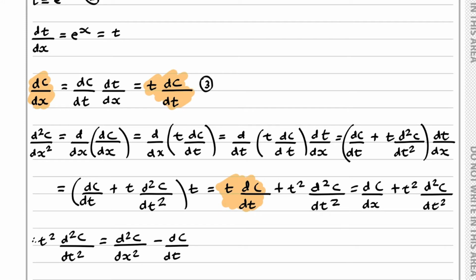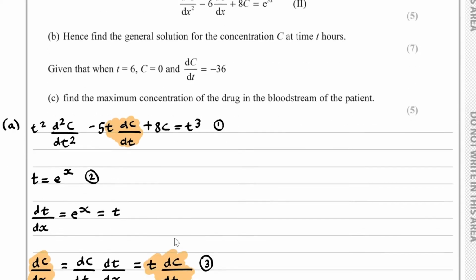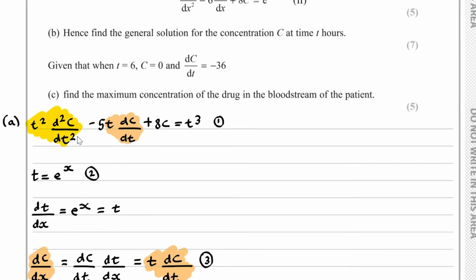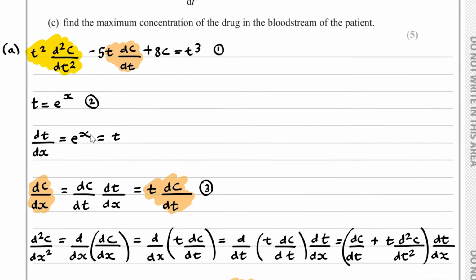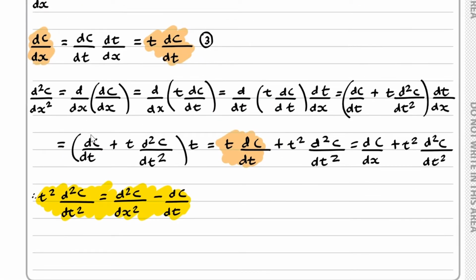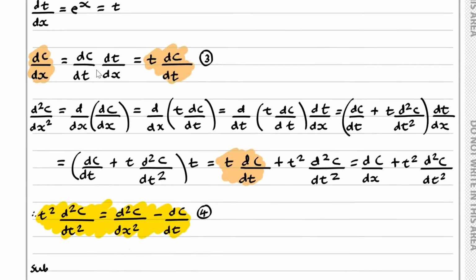And hopefully now this bit you can see, if I highlight it all, this bit over here is what we have over here. And therefore, if I call this equation number 4, we can now substitute in equation 2, which is this over here.